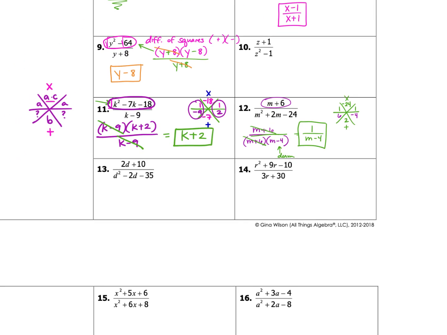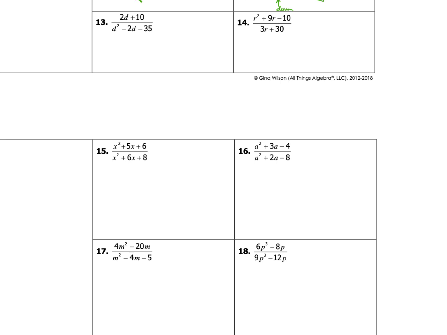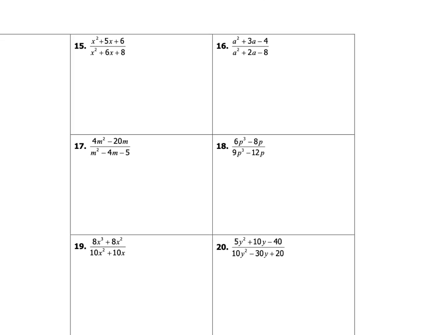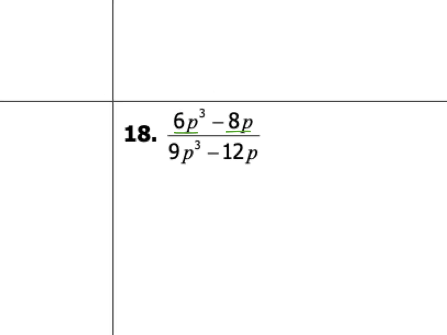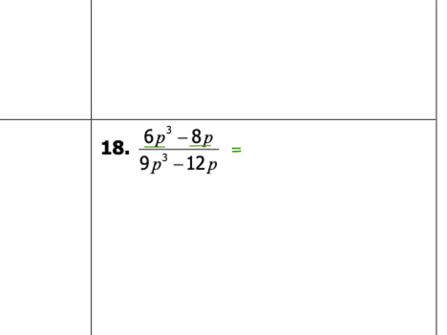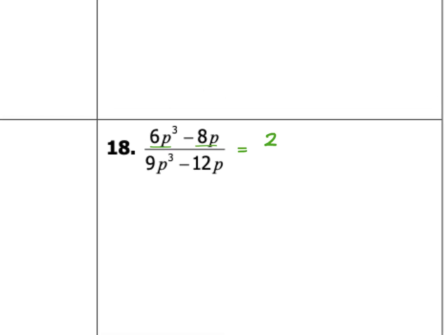All right, let's see. Let's do this one. Okay, so number 18. You're looking for what can you factor here. I can take a number and a variable out of my numerator. So 6 and 8 are both divisible by 2.